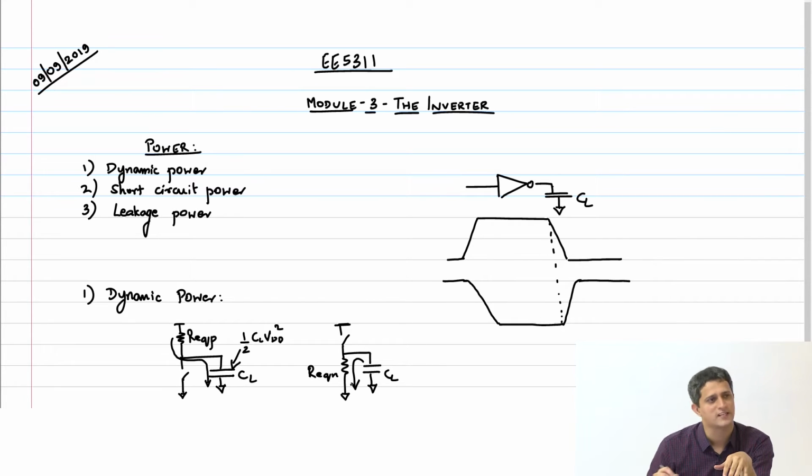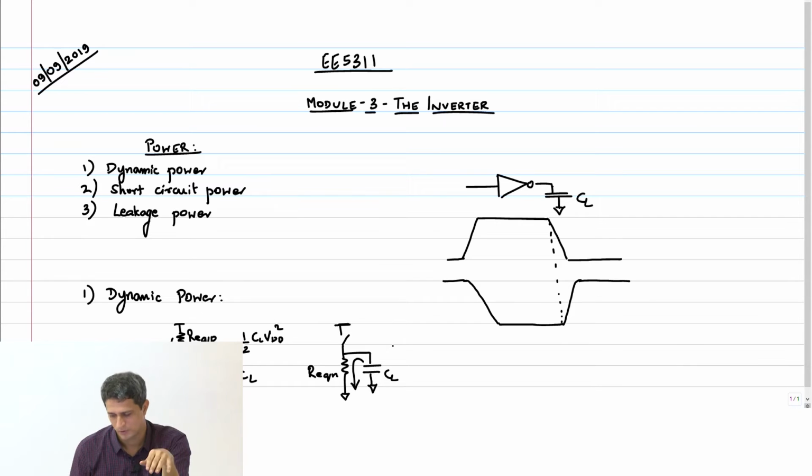Okay. So irrespective of what the resistance is or what the width of the PMOS transistor is, the same amount of energy is dissipated in that PMOS transistor always, right? And of course, when the capacitor gets discharged, when the output falls, then the same half CL VDD squared gets dissipated through the NMOS transistor and all the current flows into the ground, right?